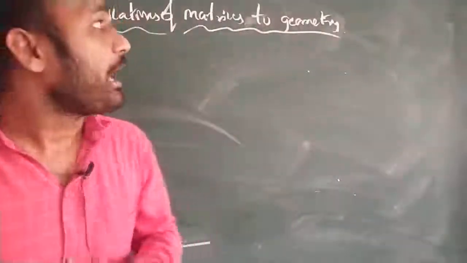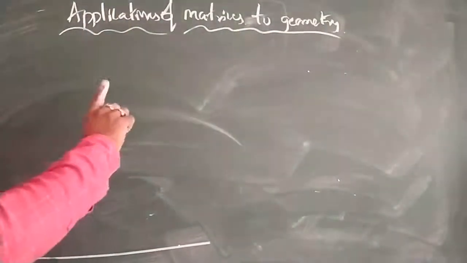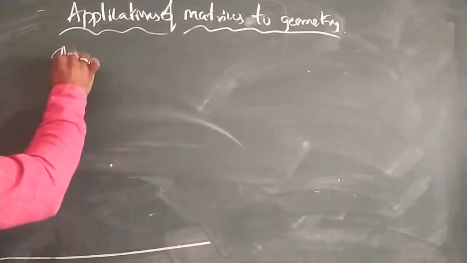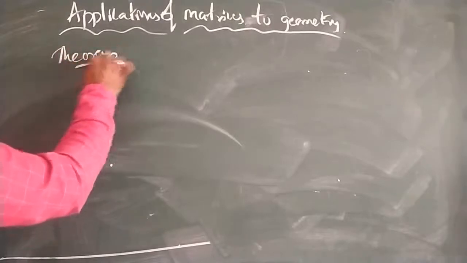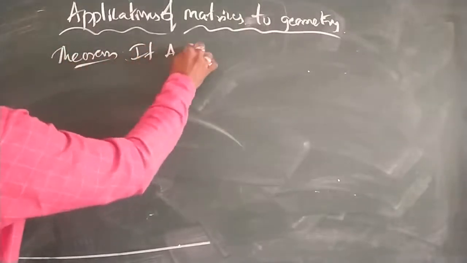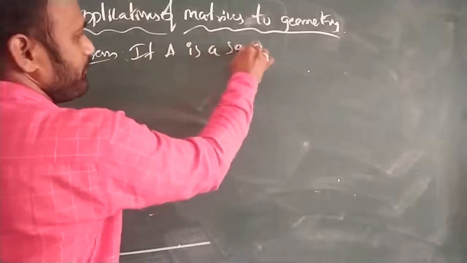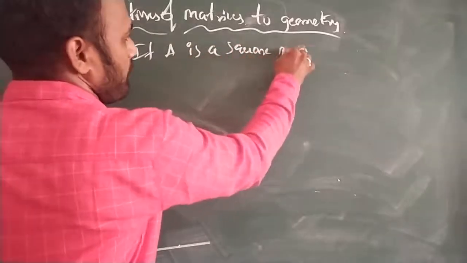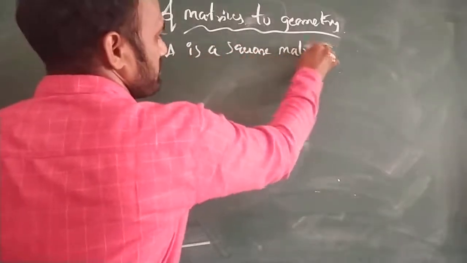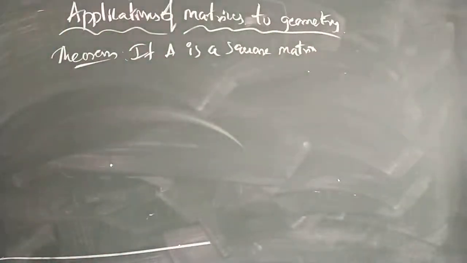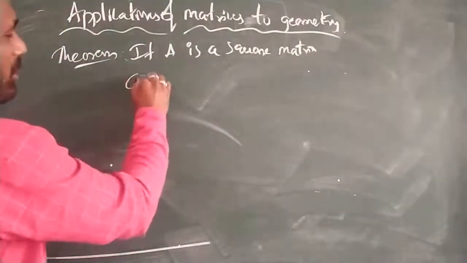Next topic, applications of matrices to geometry. In this there is one important theorem. If A is a square matrix, it is called orthogonal.